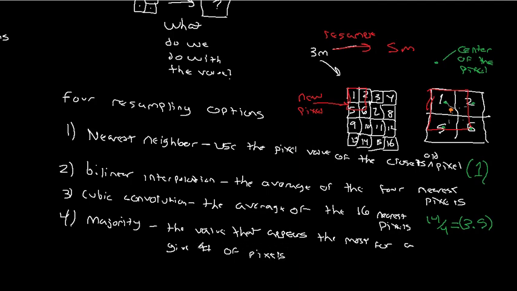So you could specify 4 or 16 or 32 or whatever. It'll look at that number of pixels and it will take the value that appears the most. So hopefully you understand conceptually what these 4 approaches do and how you can end up with a different value depending on which one you pick.